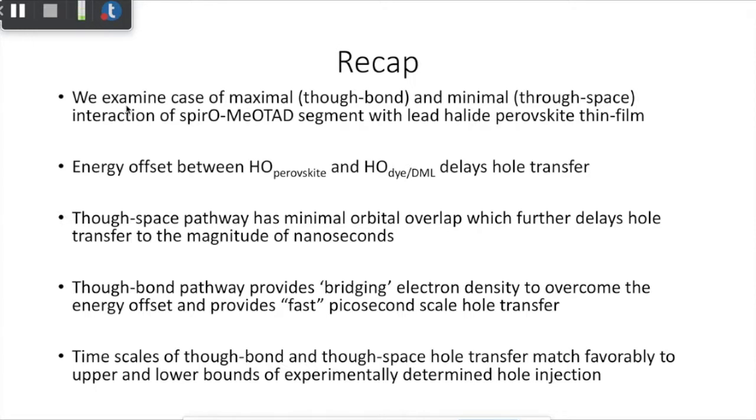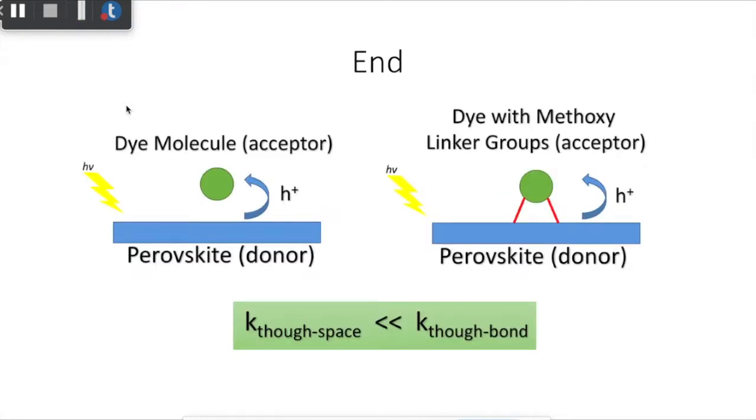We also find that the through space pathway has minimal orbital overlap, which decays non-adiabatic transitions. It gives us a magnitude of nanosecond lifetimes. And then the through bond pathway provides bridging electron density to overcome the energy offset to provide fast picosecond hole transfer. The time scales that we compute correspond favorably to the upper and lower bounds of experimentally determined hole transfer rates. So that is my conclusion.